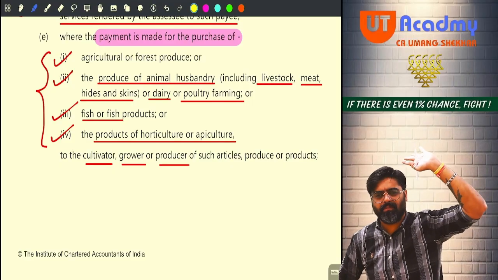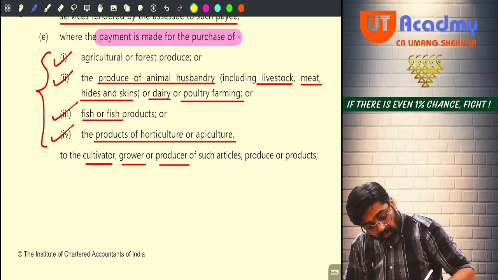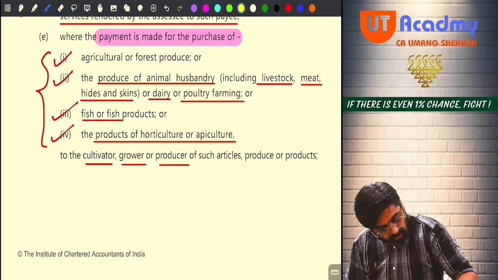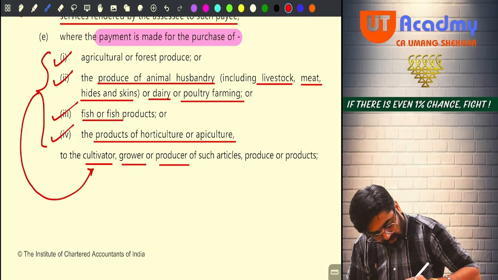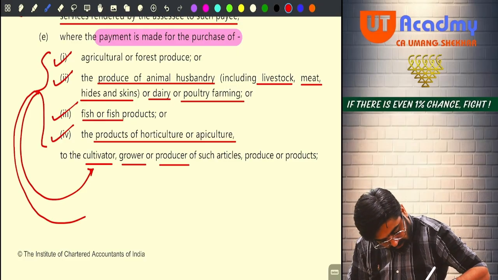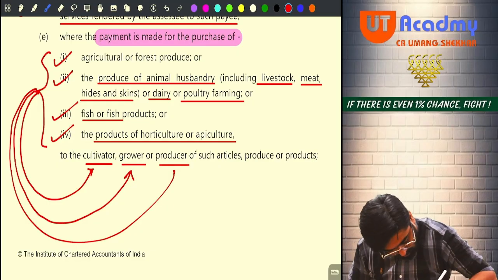No problem. 48.3 will not be attracted, provided the payment is made to their cultivator, their grower, or their producer.